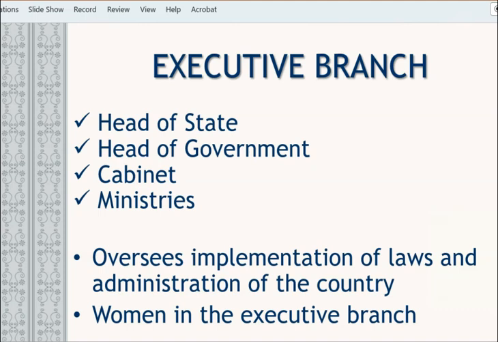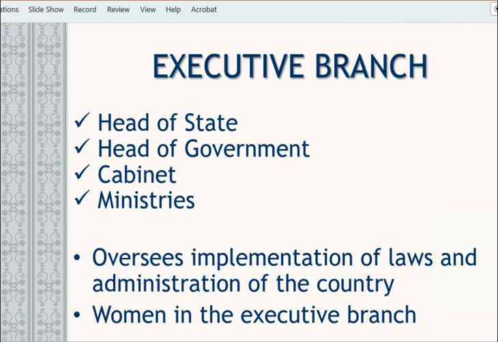It doesn't mean that they're always equal. Sometimes you can have a very powerful prime minister or a very powerful or popular president that can basically sway or has slightly more power than the other two branches. It just depends on the individuals and the cult of personality and how strong your judiciary is and how strong your legislative body is.